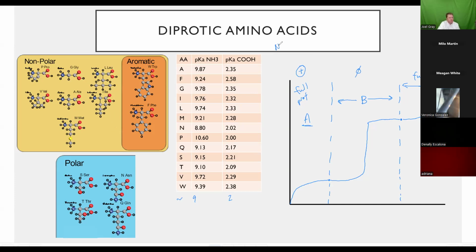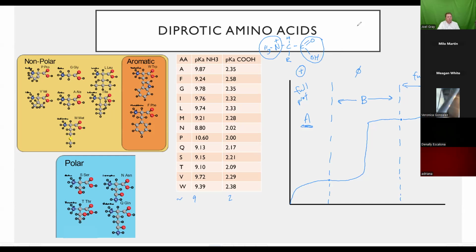Just as a general backbone, what that looks like is this. My C termini is protonated, NH3 plus, and then I'm just going to draw an R group. As you can see, this carboxylic acid is protonated but neutral. My N termini is protonated and has a positive charge. So the predominant form within range A is going to look exactly like this.